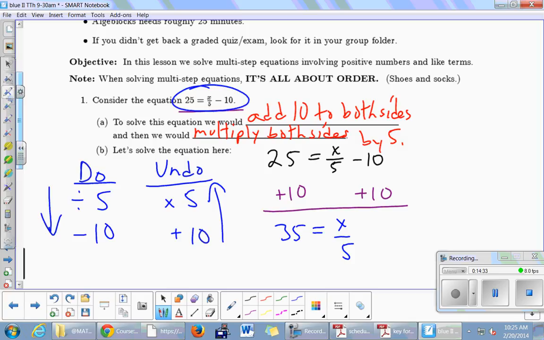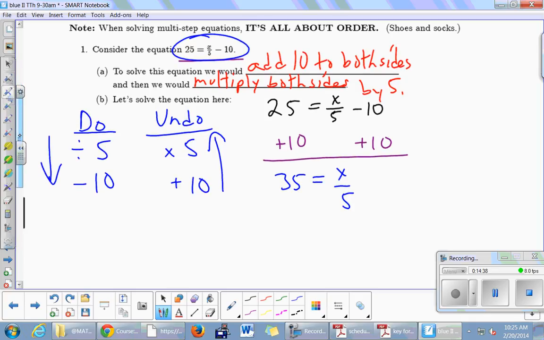And then do what to both sides? Multiply by 5. So I'll put this in a different color here. So times by 5, times by 5. Good things happen on the right-hand side. What happens? The 5's cancel. That's why we put it there. It's just x equals. And then 5 times 35, 175.